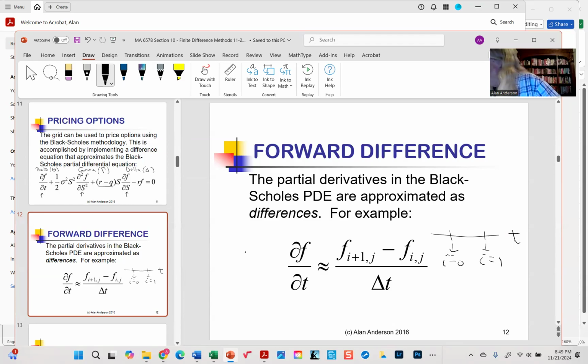And if you notice, the index changes for time, but not for the level. So that means we're staying across the same path. Say here we have F ij, and this would be F i plus 1 j. So the difference between these two with respect to the size of the time step is this partial F partial T, or in other words, the theta of this option.